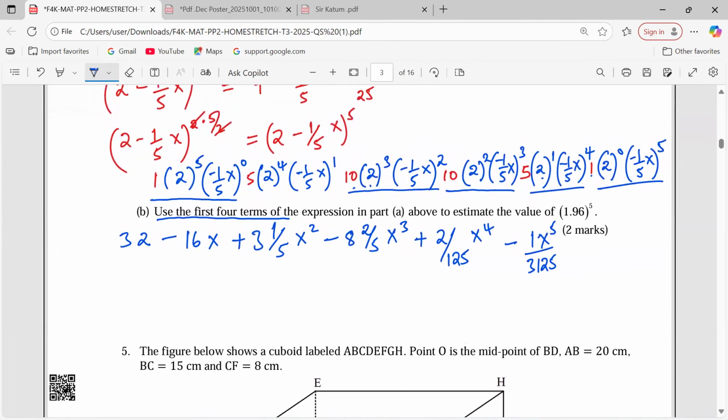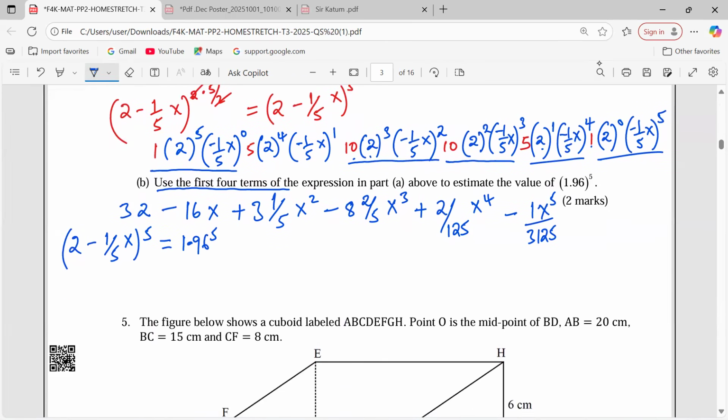So we first equate 2 minus 1 over 5 x raised to power 5 to 1.96 also power 5. If the powers are the same, then the bases are the same. So we say 2 minus 1 over 5x equals 1.96.